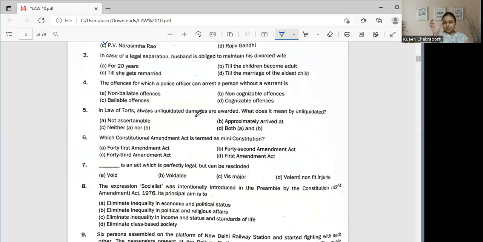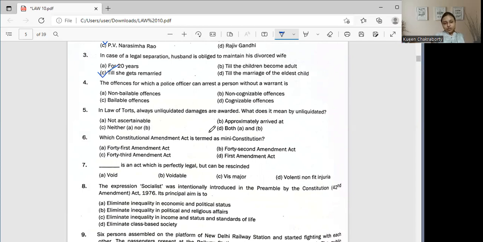It's not for a fixed term, not 20 years or 10 years. It's not till her children become adults, no. It's not till the marriage of the eldest child, no. But till she gets remarried, where she becomes the responsibility of the second husband. So we will mark option C as the correct answer, till she gets remarried.